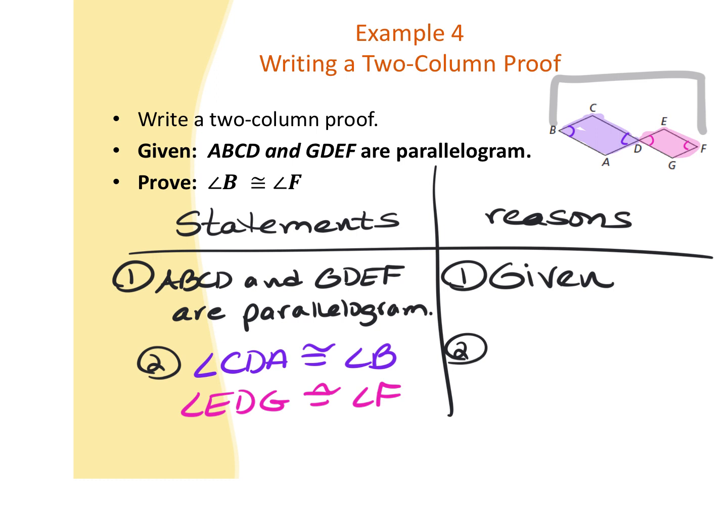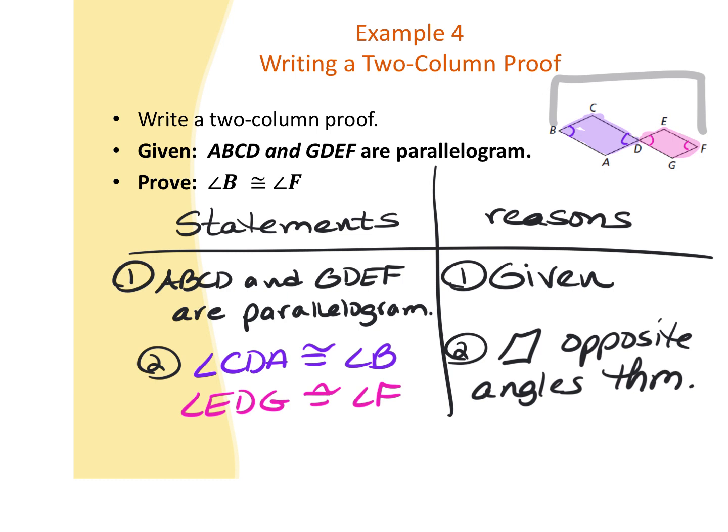Now, if you want to name angle B and F with 3 letters, you can, but because there's only one angle B and one angle F, I can get away with naming it with 1 letter. And this reason is the parallelogram opposite angles theorem. Now, if you forget the name, then you can write what this theorem states in the if-then form.